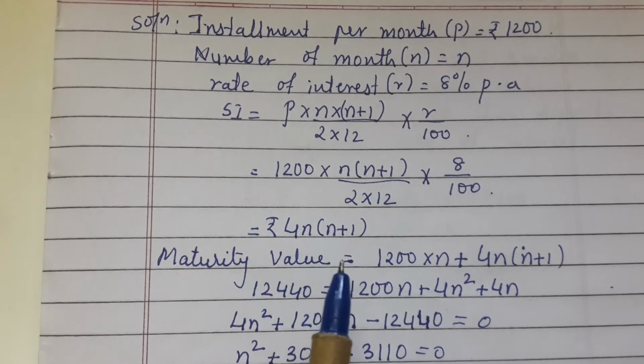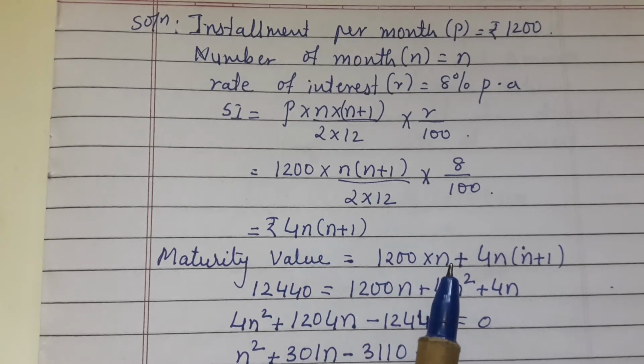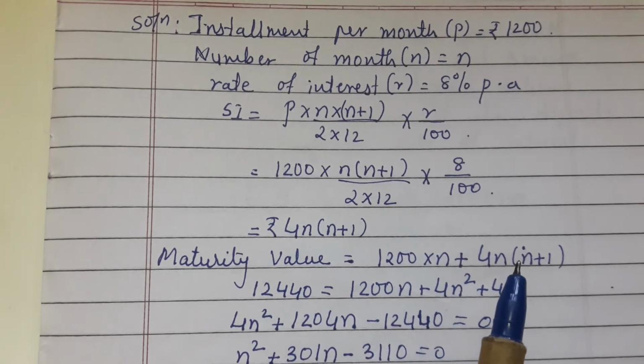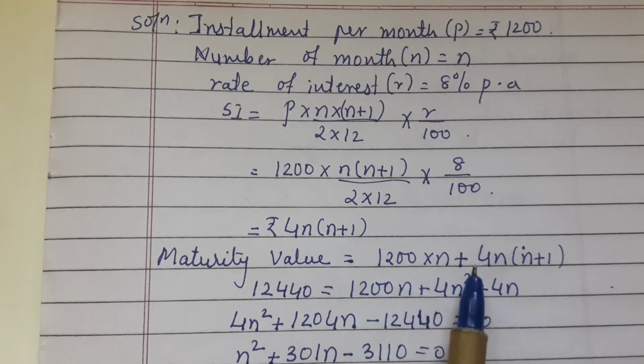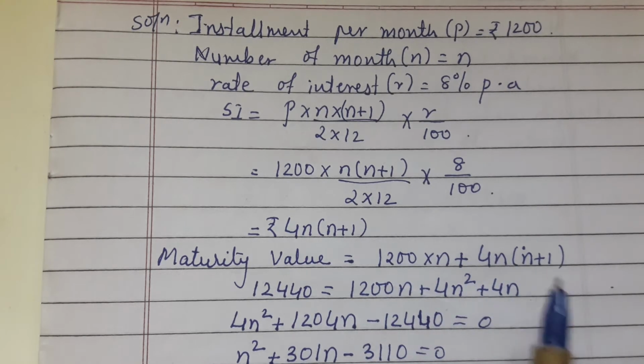Maturity value is equal to P into n plus interest. That is equal to 1200 into n plus 4n into (n plus 1).